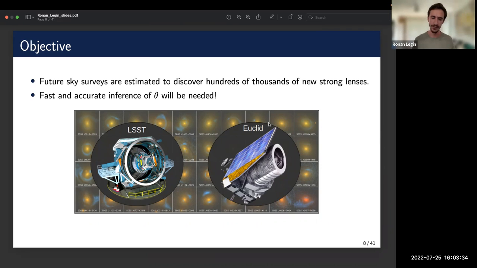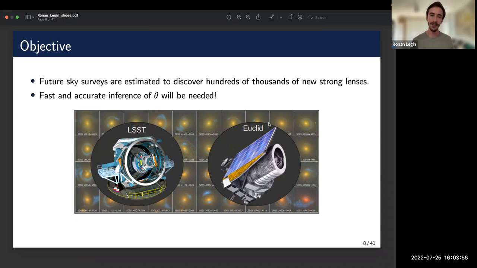And if we were to do this using traditional methods, which can sometimes take a couple of days on one lens, then this could take thousands of years to do for all of these lenses. And so we need to find a way that can rapidly predict these strong lensing parameters, but at the same time provide accurate uncertainties on these predictions.